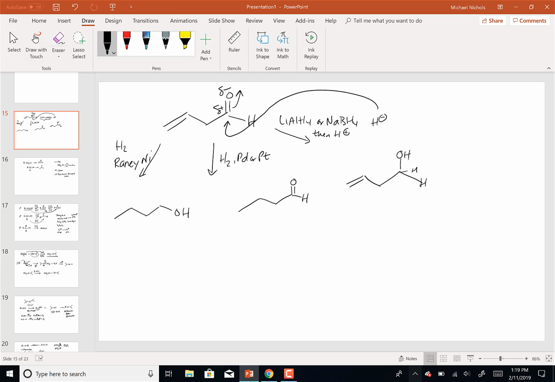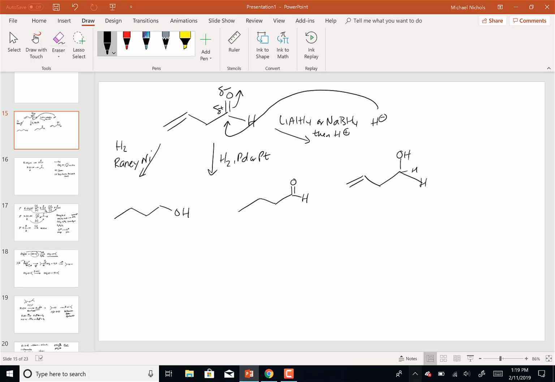So if I want to reduce the aldehyde and keep the double bond intact, I can do that. If I want to reduce the double bond but keep the aldehyde intact, I can do that. If I want to reduce both of them, I can do that.